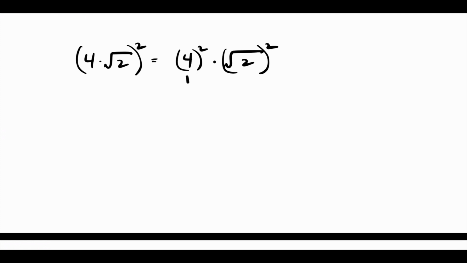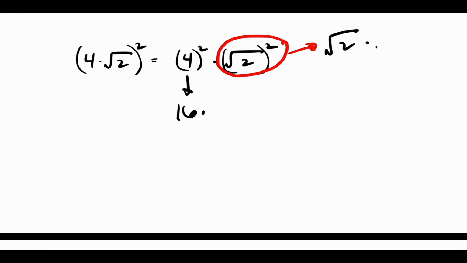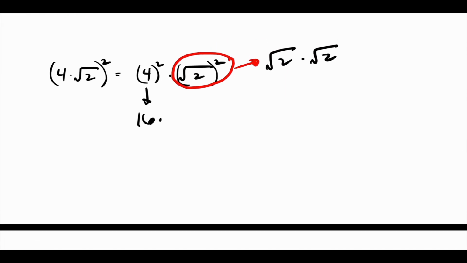So this guy is 16. This guy right here is times itself. What is the square root of 2 times the square root of 2? Since they both have roots, I can multiply them together.